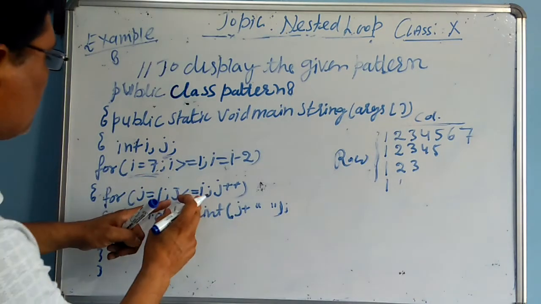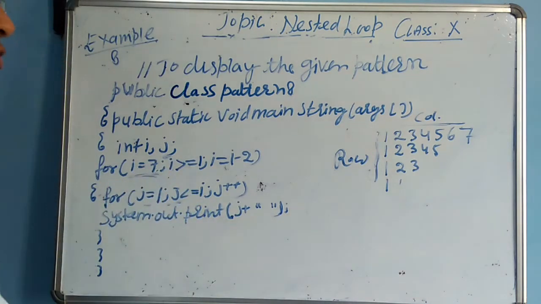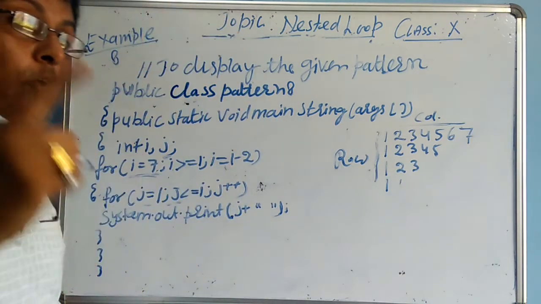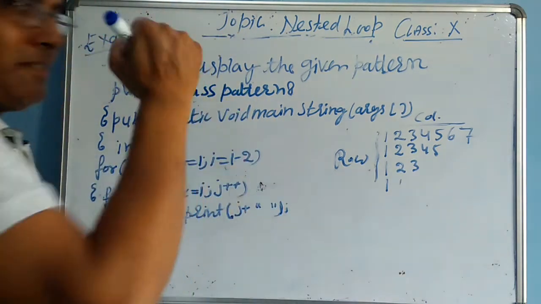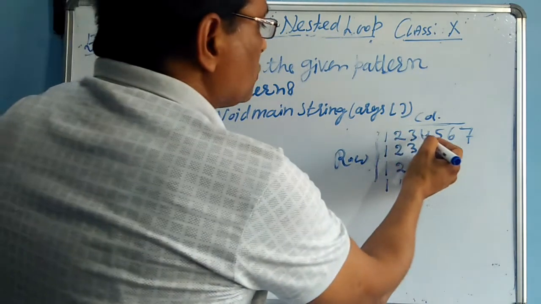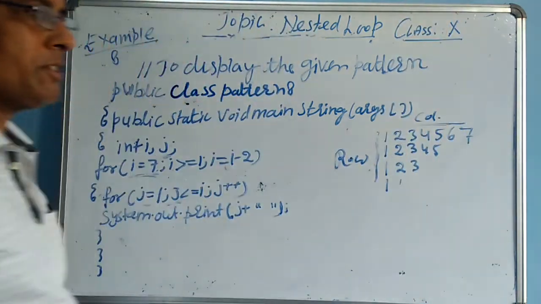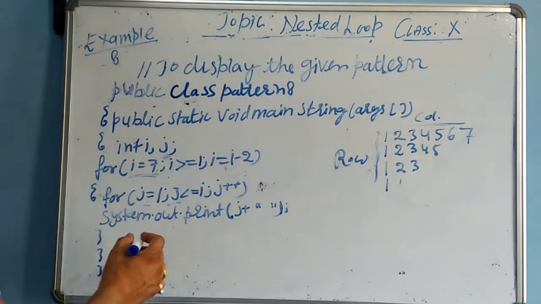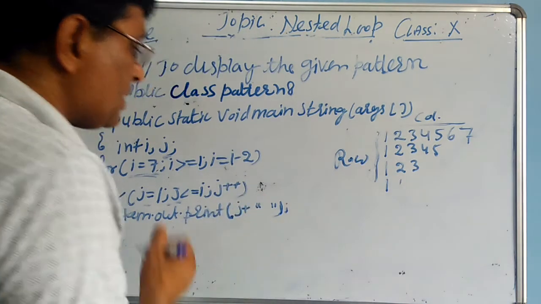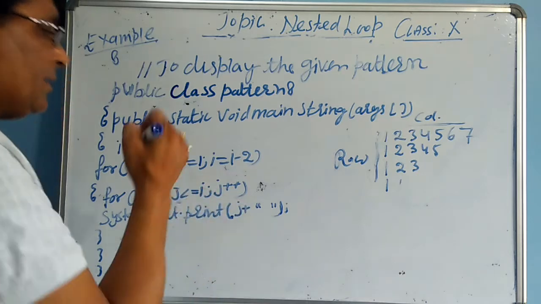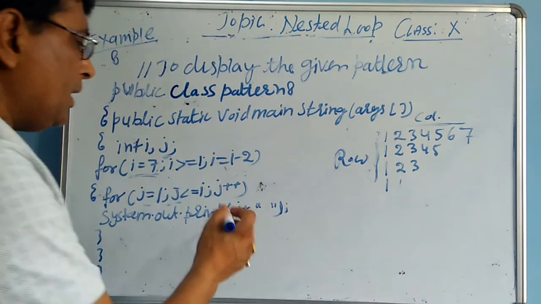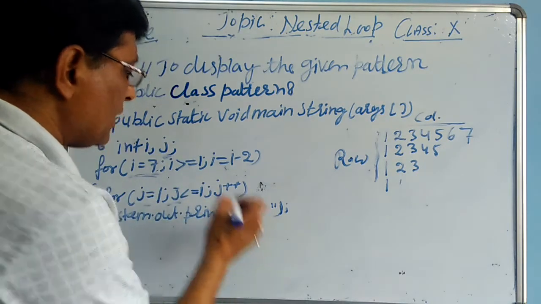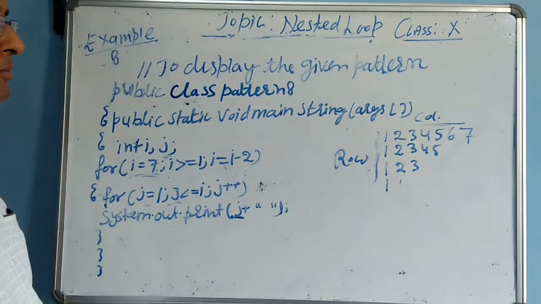So how will it move? After that it will print the value of j only. In the first row, i is 7 and i is greater than or equal to 1, so the condition is satisfied. j is equal to 1 and j is less than or equal to i. Then j plus plus, and the value of j will increase, like 1, 2, 3, 4, 5, 6, 7.